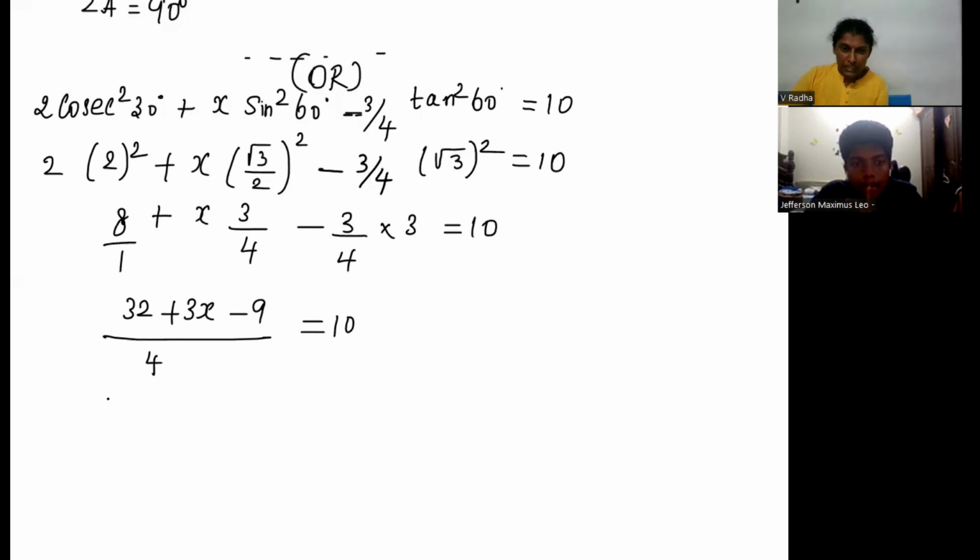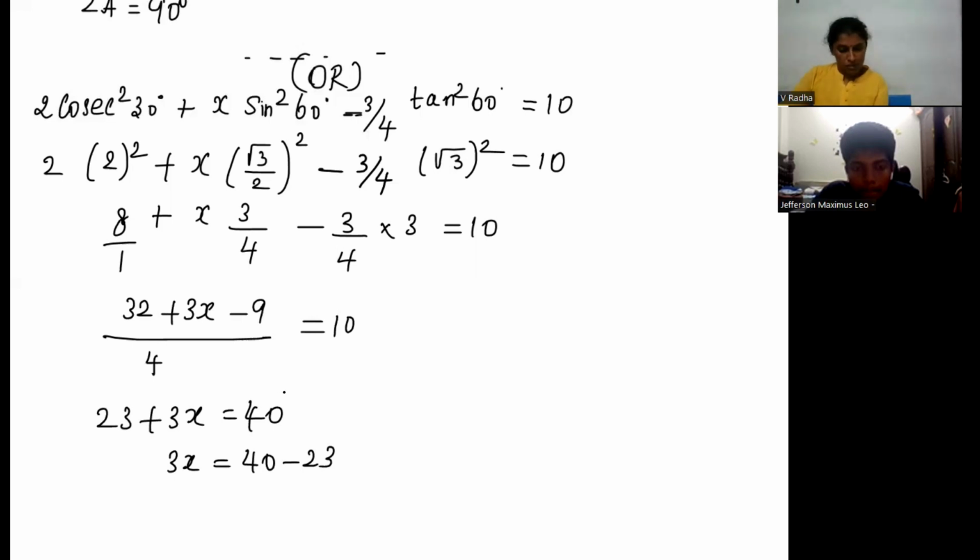Now 4 goes to the right side. 32 minus 9 is 23. 23 plus 3x is equal to 40. So 3x is equal to 40 minus 23.